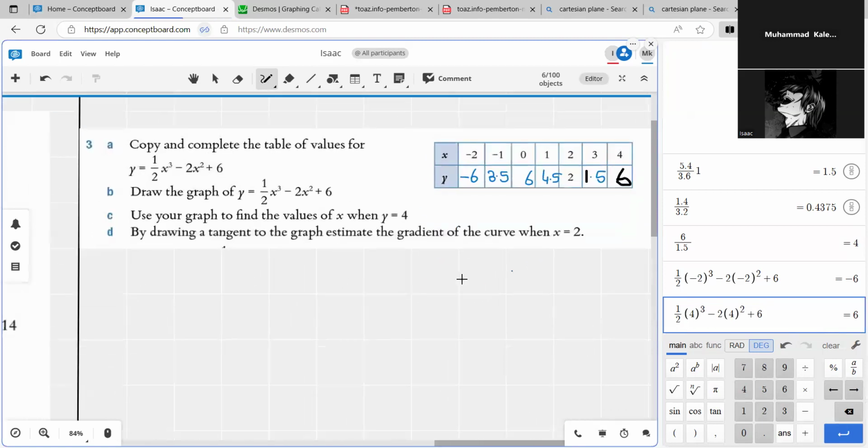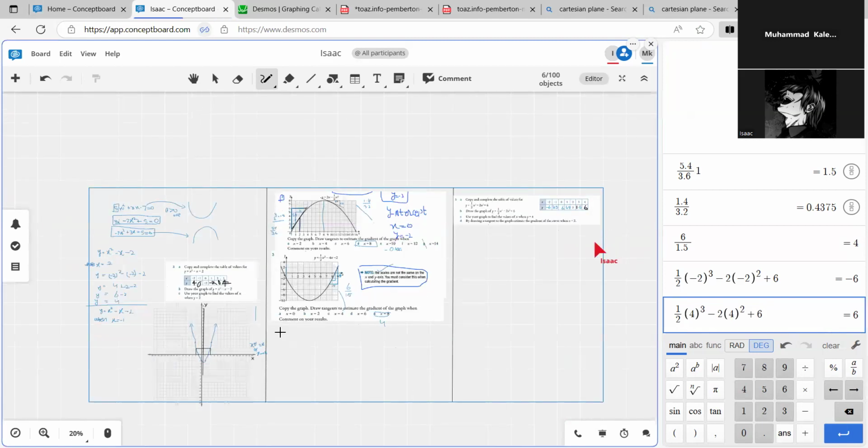Where should I draw the graph? I'm just going to paste the Cartesian plane here this way. Here it is.